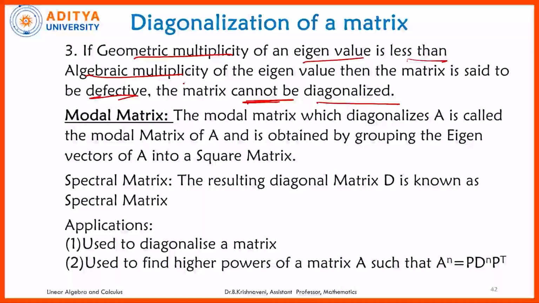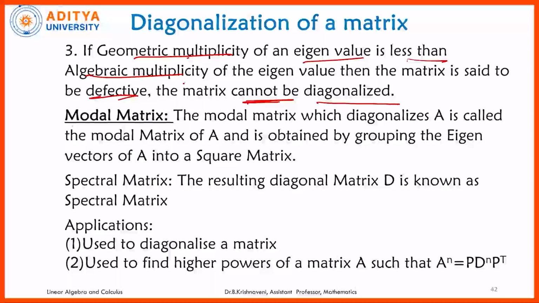This is the condition we can easily check to see whether the given matrix is diagonalizable or not. That means the geometric multiplicity must be equal to the algebraic multiplicity for each eigenvalue of the given matrix, then only the matrix is diagonalizable. Otherwise, if it is less than the algebraic multiplicity, then the matrix is not diagonalizable.